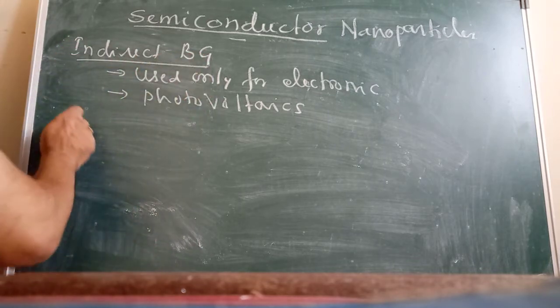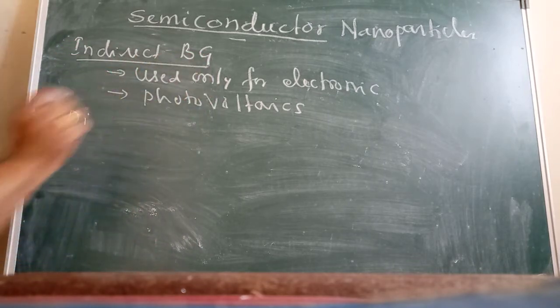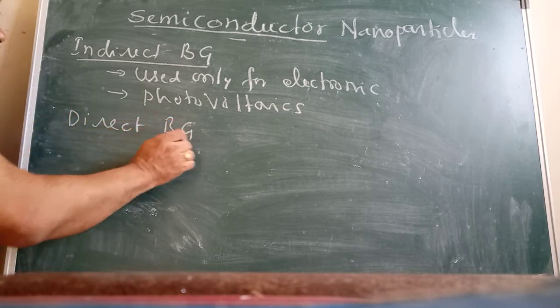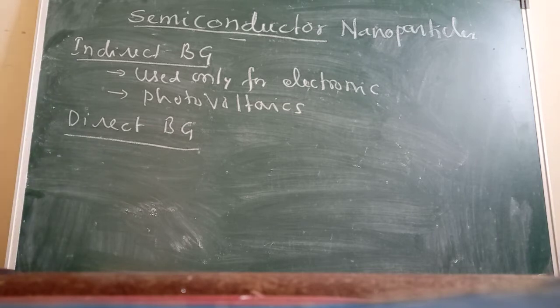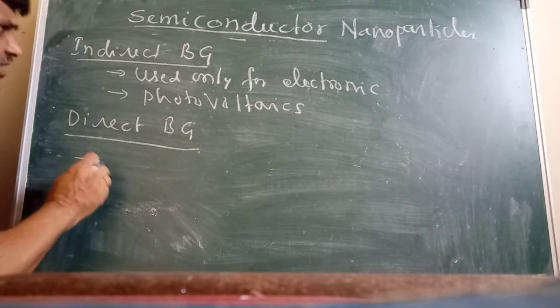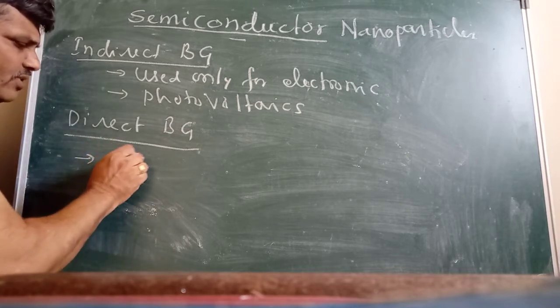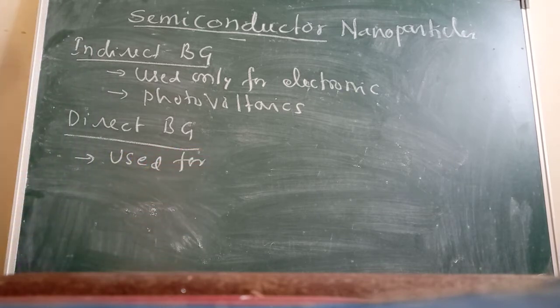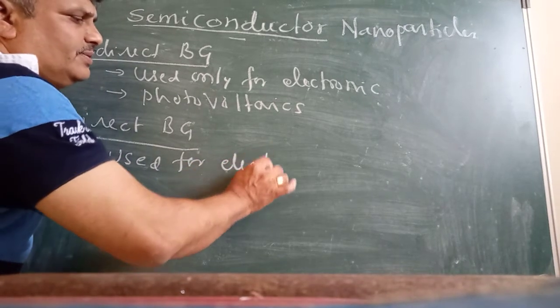But what happens in the case of direct bandgap semiconductors? They are also conventionally used for electronic properties, giving advanced electronic properties.